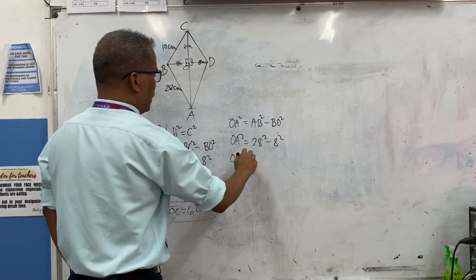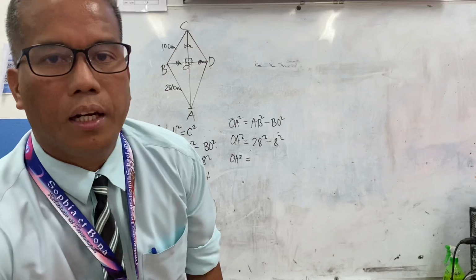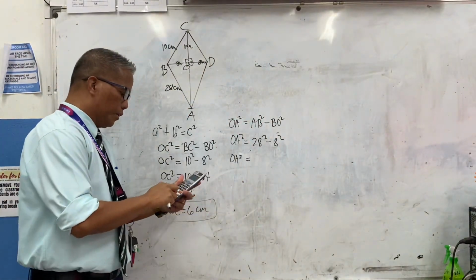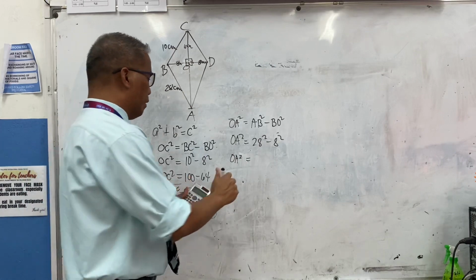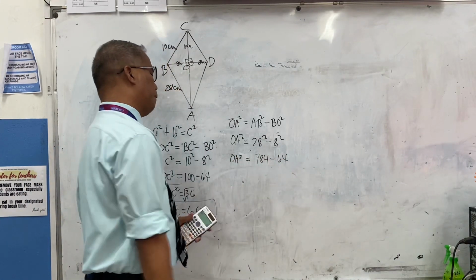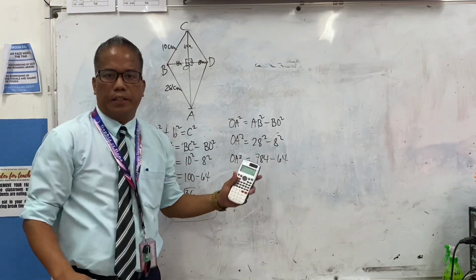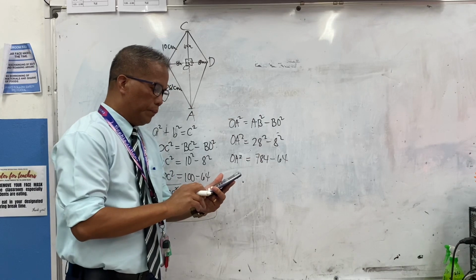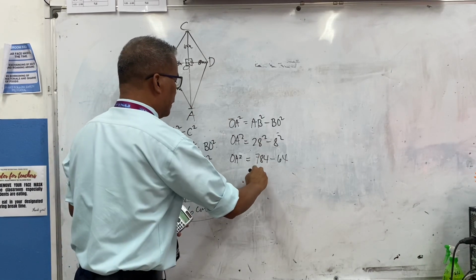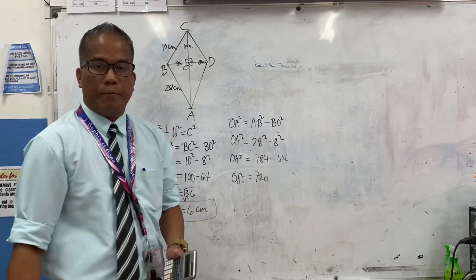So OA squared is equal to 28 squared minus 8 squared. You can use your scientific calculator. 28 squared is equal to 784, minus 64, is equal to 720. So OA squared is equal to 720.